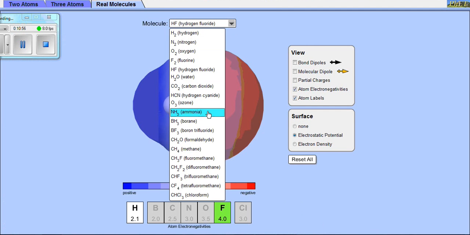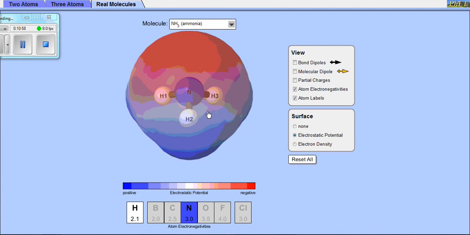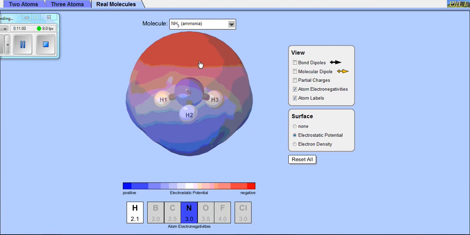If you look at NH3, which we know as ammonia, again here we see that the nitrogen is on the top of the molecule and the hydrogens are at the bottom because of the lone pair on the top of the nitrogen, which repels the hydrogens to form a pyramidal structure rather than a trigonal planar structure.